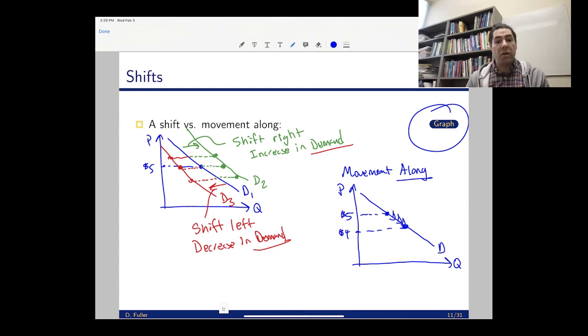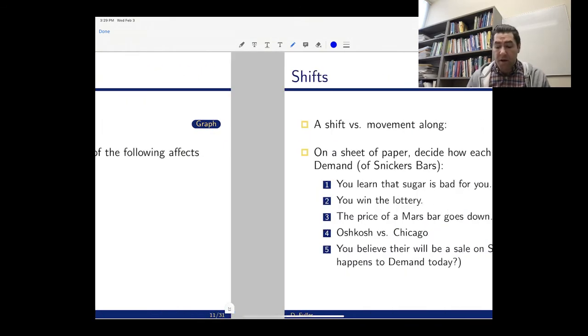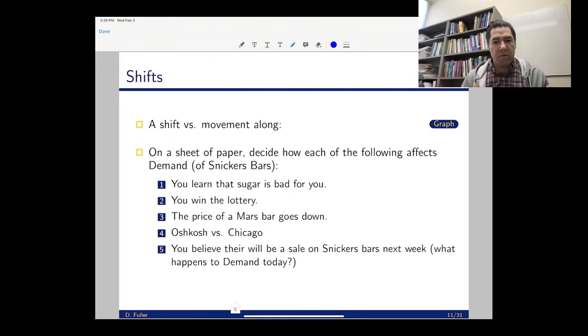Okay, with that terminology and visuals out of the way, let's figure out what exactly would cause demand to shift. I've got a little exercise here that you can try. Pause the video and write down for yourself how you think each of these changes would affect the demand curve. Would it cause a shift to the right, a shift to the left?